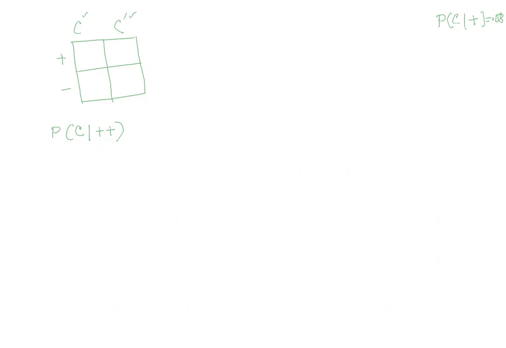So this is the population of people who tested positive. They are the ones who are going to go and test a second time. So in the new population, C is 0.08. And C prime is 100% minus 8%, which is 0.92 or 92%.